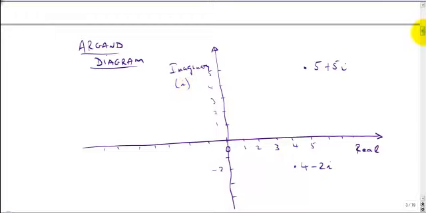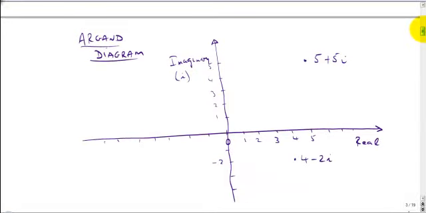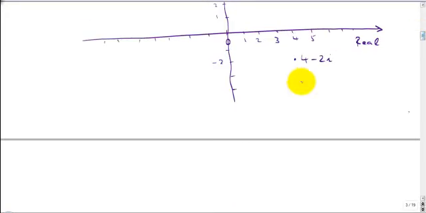So when you have this situation here, where you have a number that has got a real part, in this case 4, and an imaginary part, minus 2, you call this combination a complex number.